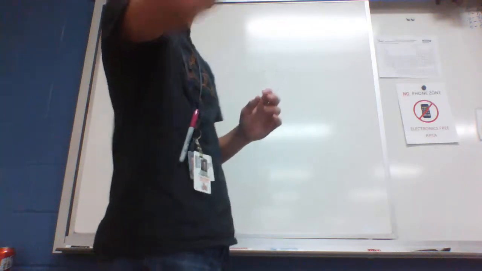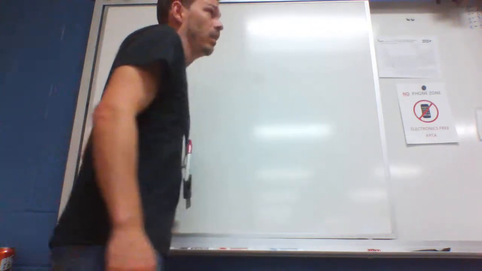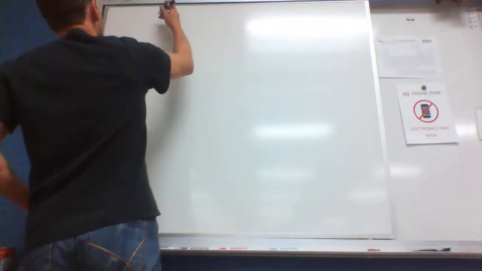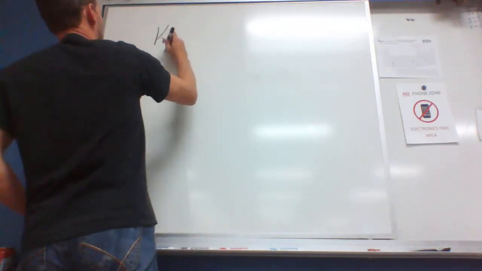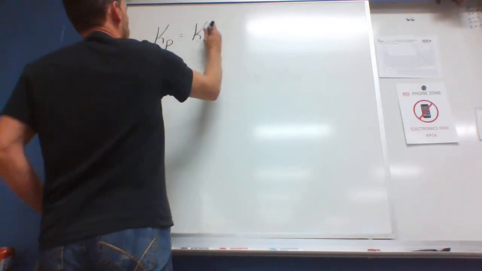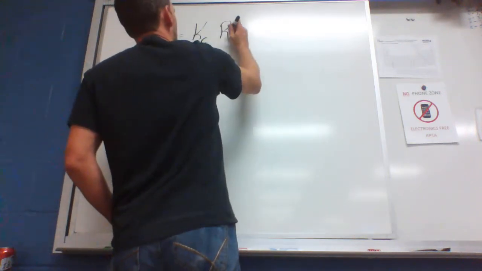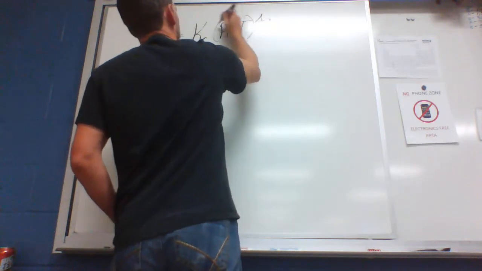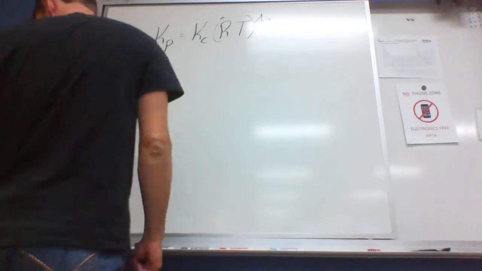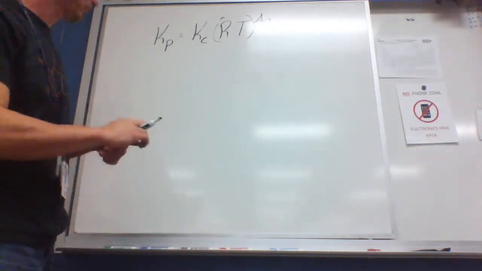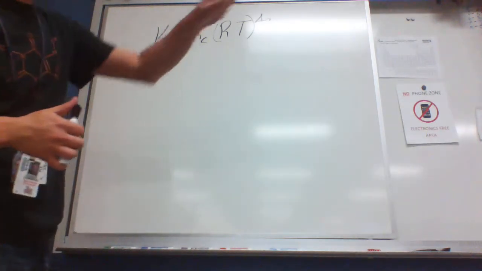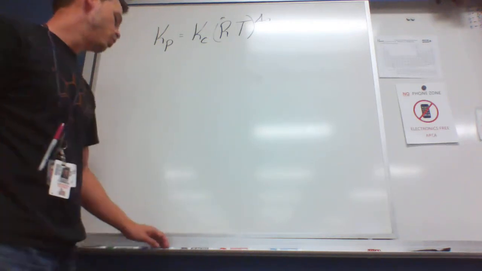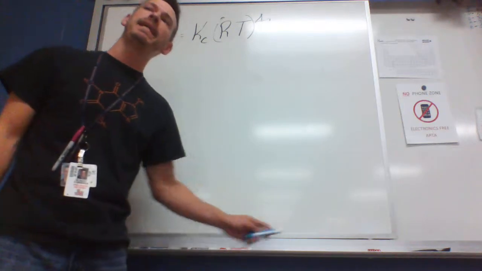Go ahead and show us that problem. Okay, so let's just get the equation written up here, that Kp equals Kc RT to the change in n. All right? Now, this gives you a specific situation, but it's really just a plug and chug to convert between Kp and Kc.